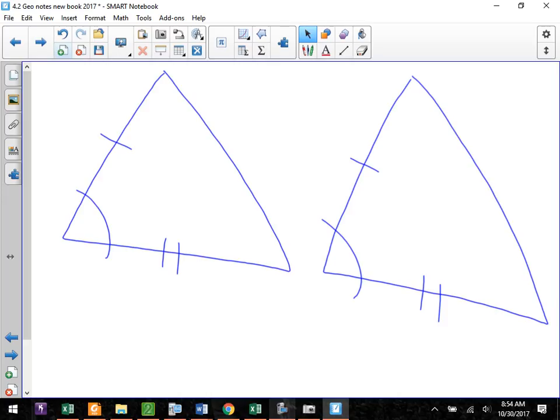And again, it's the side and angle and a side. It's the angle in between the two sides that are congruent. That's called an included angle. And if you guys just look at that notation, side, angle, side, you can see that A is in between the two S's.